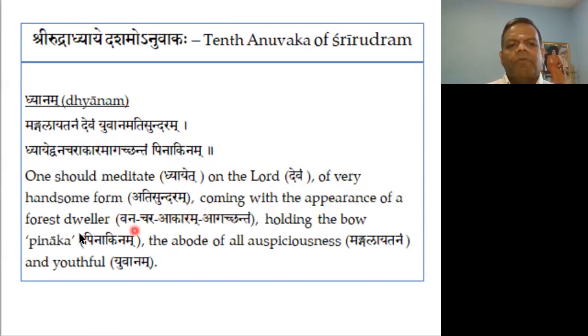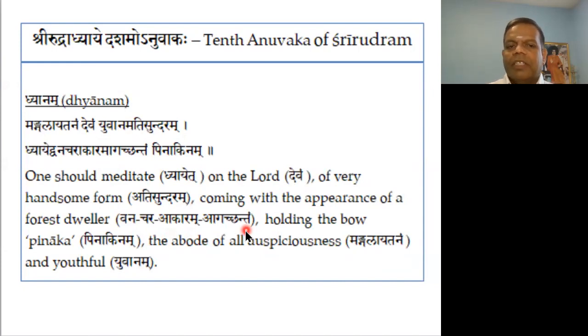Coming with the appearance of a forest dweller. It's this word, Vana Charakara Magachantam. Vana means forest. Chara means one who moves around in the forest. Akaram, form. Agachantam, coming.